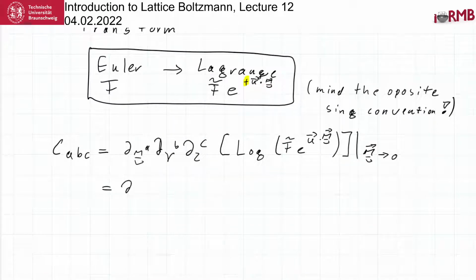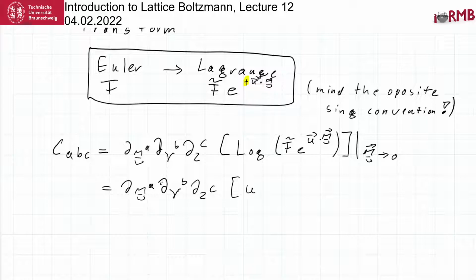We can simply rewrite this because there's this logarithm. This is not a gamma, I always want to write a gamma. This is an upsilon, upsilon b, zeta c.